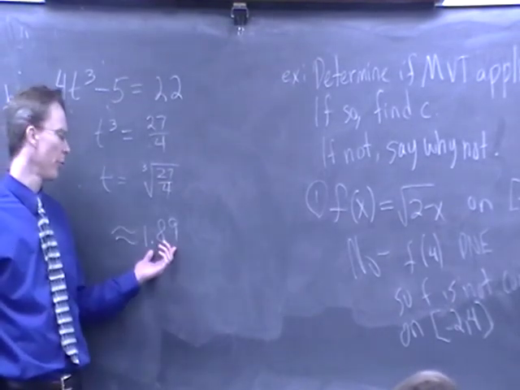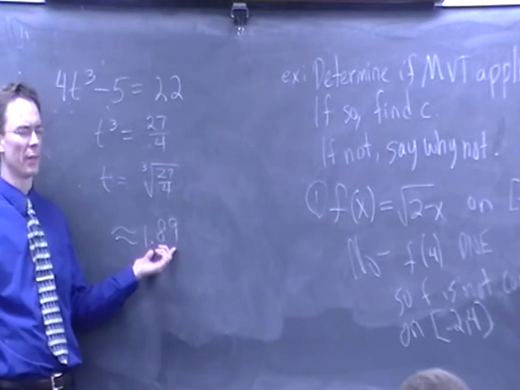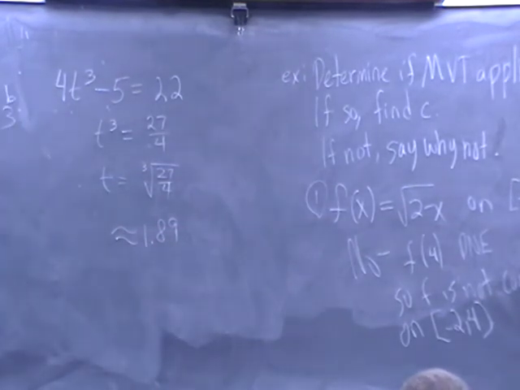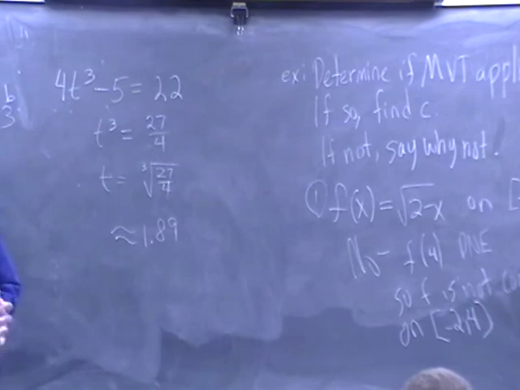Now, is this t-value on our given interval? Yes. Yeah, it is. It's between 0 and 3. Well, 1.89 is certainly between 0 and 3. That's consistent.